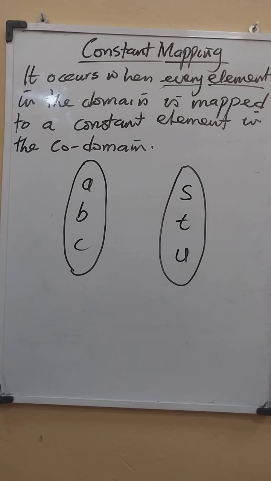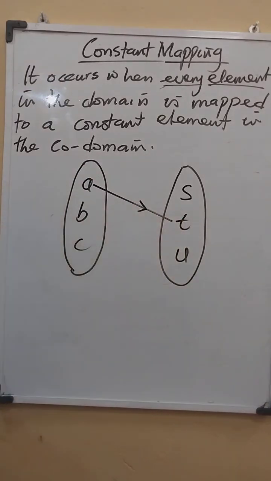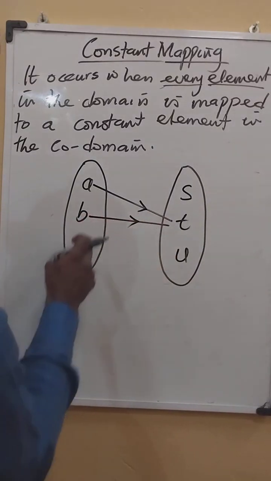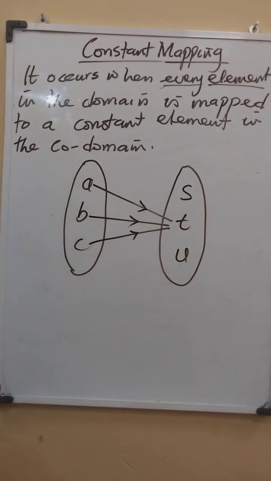To me, concerning the question, let's assume A will go to T, in the codomain. Then B will go to T in the codomain too, and C the same thing. Awesome. That is exactly what it is.